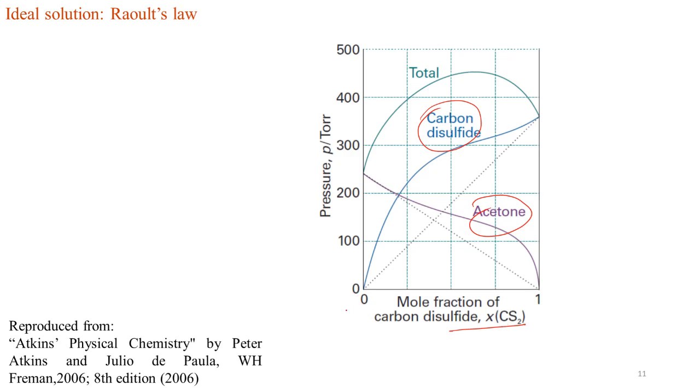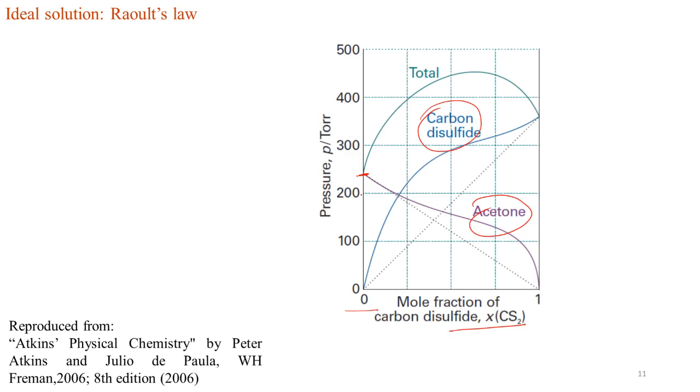At zero concentration of carbon disulfide, when we have pure acetone, we have some pressure which corresponds to Pa star of acetone, and then we keep on increasing the amount of solute, if we think of carbon disulfide as a kind of solute.